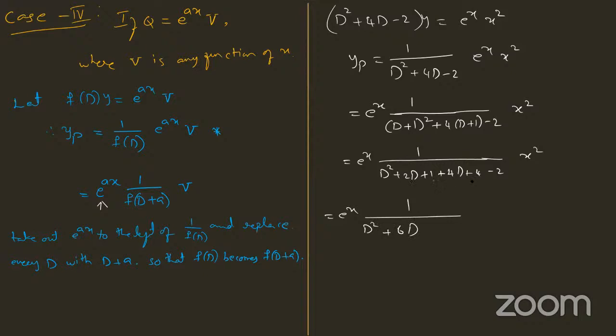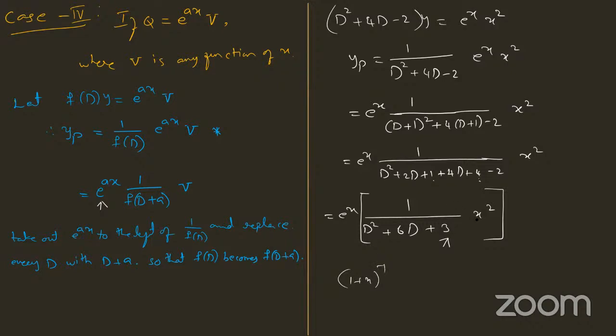Then what remains, you see, 1 plus 4, 5, 5 minus 2, it is 3. And this remains as x square. Now see, if we just ignore this e power x, don't we know how to solve this part? Don't we know how to evaluate that particular integral? Because it is x square here, we need to take out this lowest degree term. So by taking a 3 common from that, we use the idea of 1 plus x whole to the power of minus 1, and we simplify that.